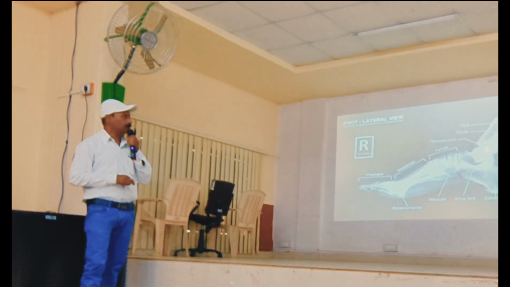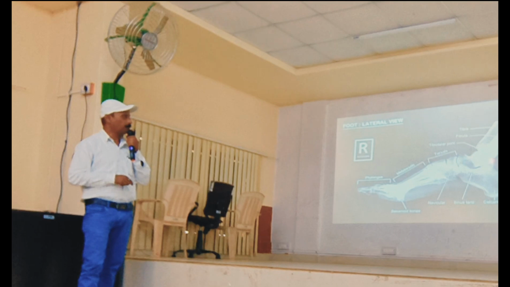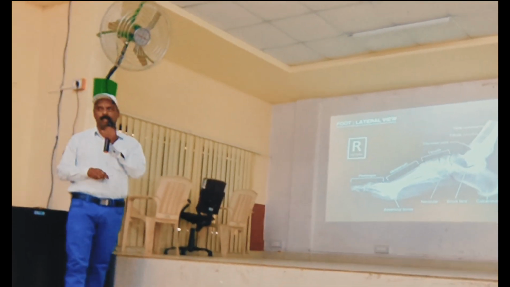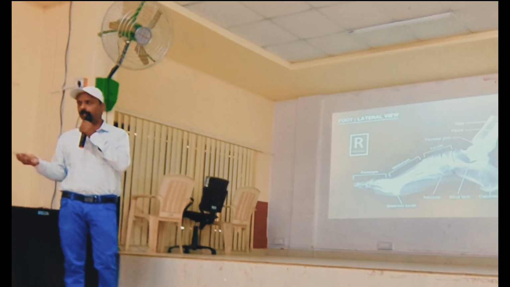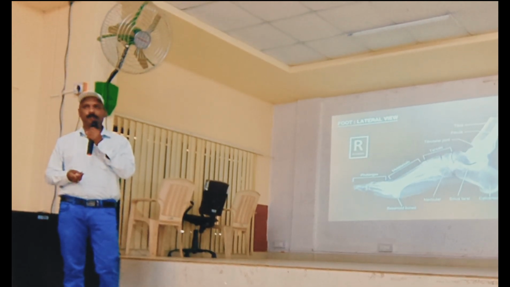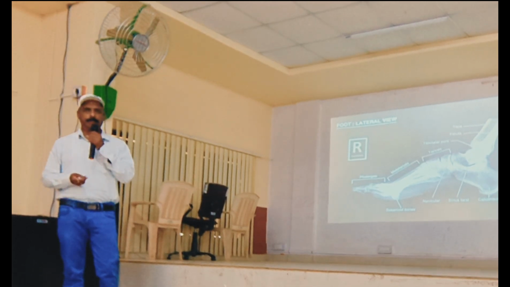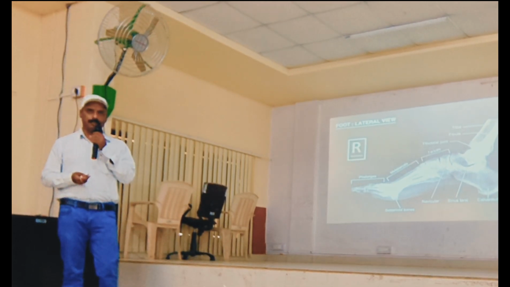Then we have the talus, which forms the socket of the ankle joint. All these are the 7 tarsal bones. We can use a mnemonic to remember them: cut the nose, make it like a cat.